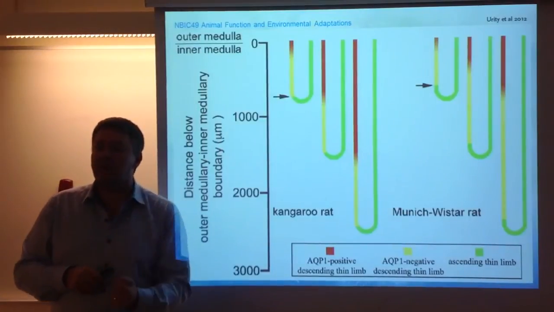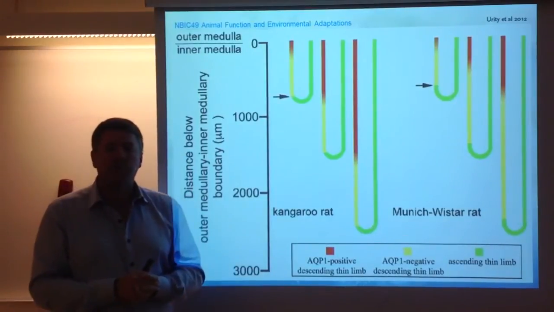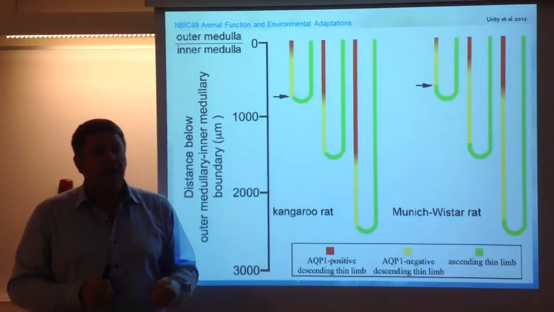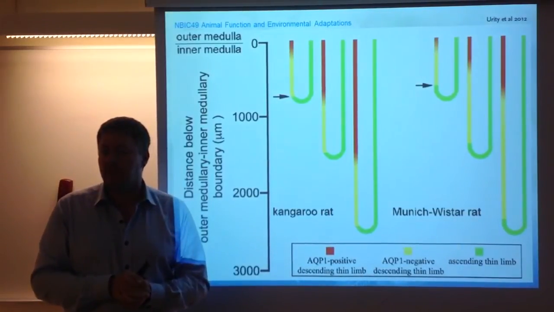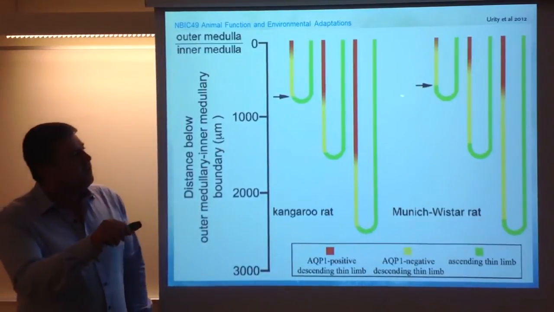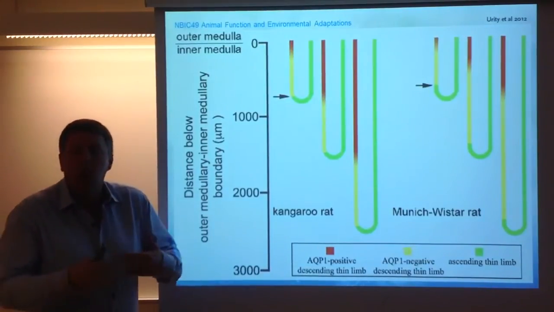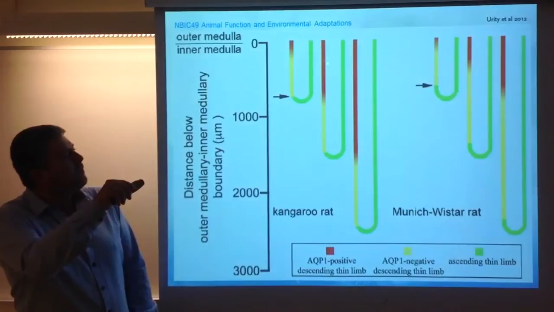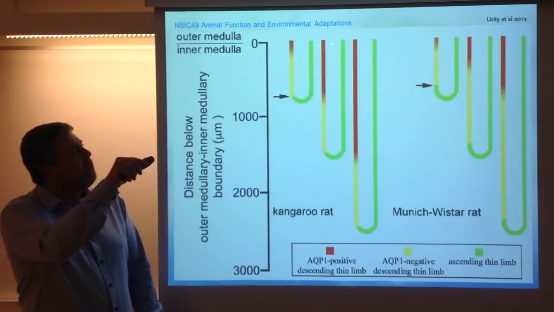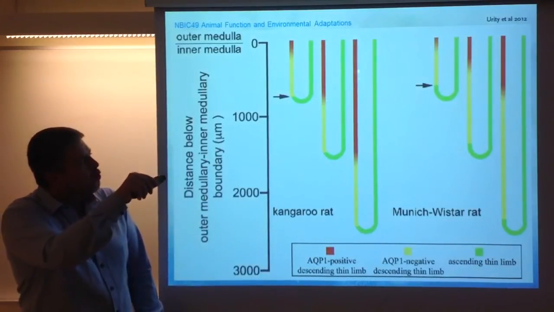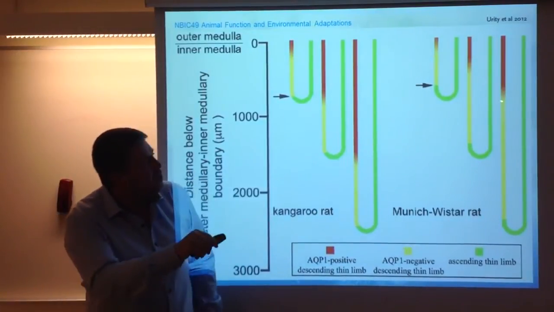What's the significance of that? Aquaporin 1 is a constitutive molecule that is responsible for the reabsorption of water in the proximal tubule and in the descending limb of Henle. The consequence here is that in kangaroo rats, because of the larger presence of aquaporin deeper down into the medulla, when the filtrate is going down the medulla, you can actually remove water from it for a longer portion of the medulla's thickness than you can in the rat.